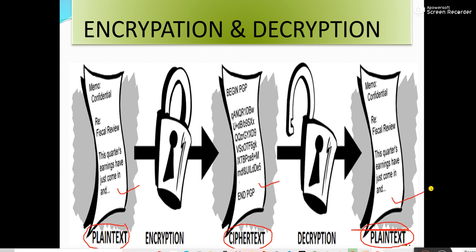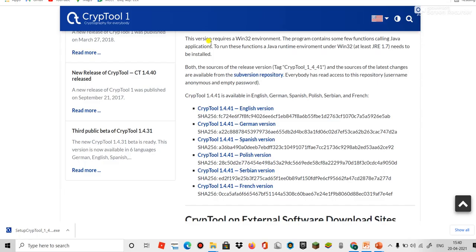This is how encryption and decryption work. The process of converting plain text into ciphertext is called encryption, and the process of converting ciphertext back to plain text is called decryption. I hope you have understood the basic definitions.